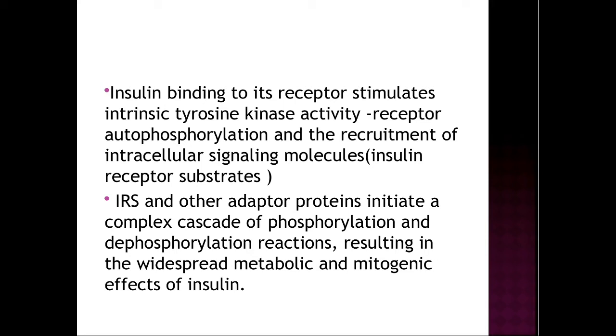After phosphorylation and the recruitment of intracellular signaling molecules, insulin receptor substrates and other adaptor proteins initiate a complex cascade of phosphorylation and dephosphorylation reactions, resulting in the widespread metabolic and mitogenic effects of insulin.